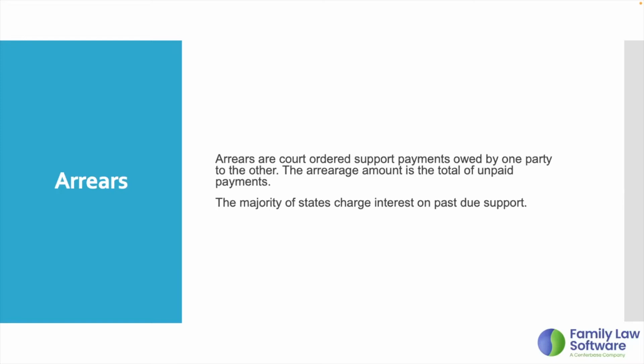And the arrearage is the amount that is unpaid. So the buzzword here is court-ordered. You have a support order. It has not been paid. And the majority of states are going to have interest applied to the past due support.